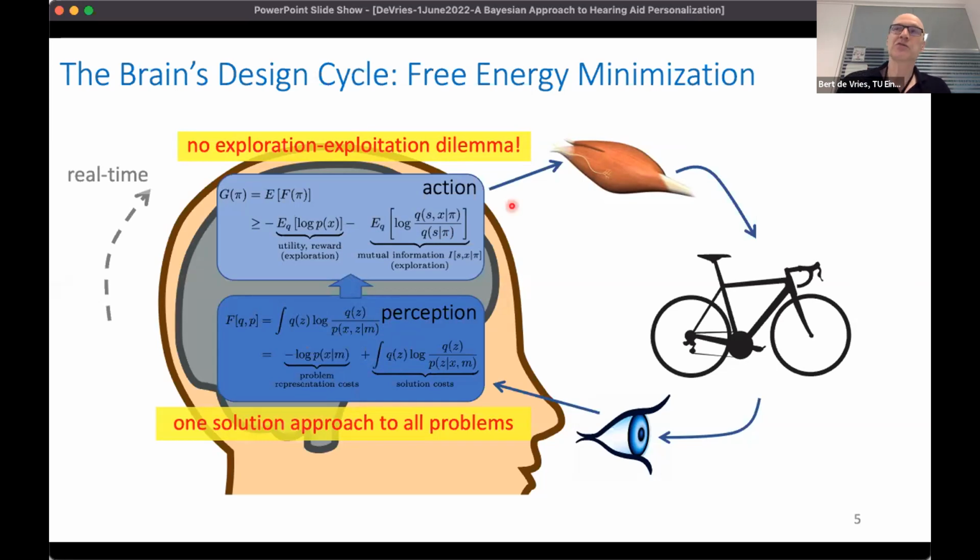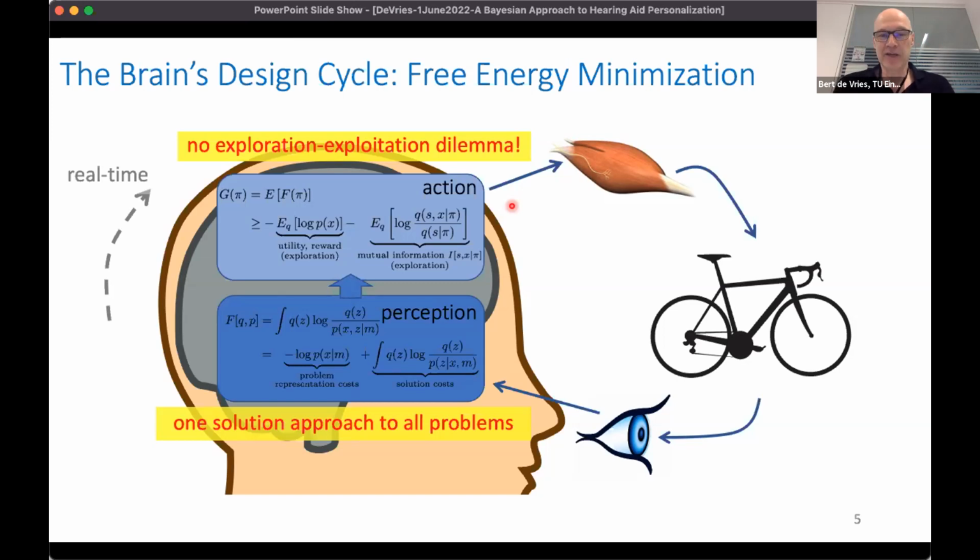There are two purposes for doing that. One is to solve the problem, to stay upright. But if I don't know what the effect is of turning, let's say, the point of gravity on the whole system of me on the bike, then I need to learn a model of the environment, of how a bike falls in an environment, etc. In that case, my action is to collect observations that are most informative about what's going on in the environment.